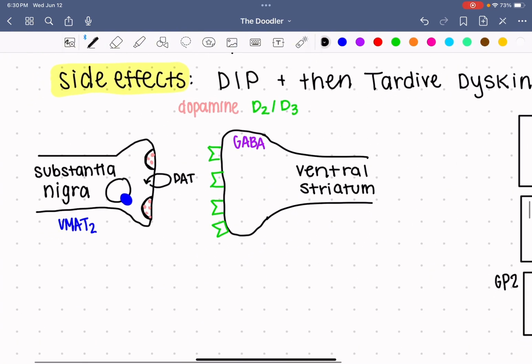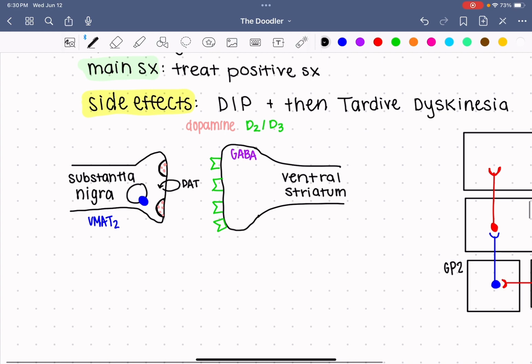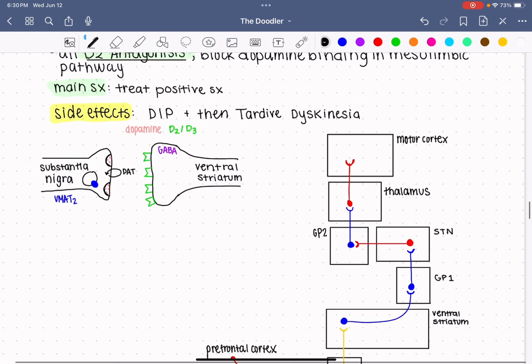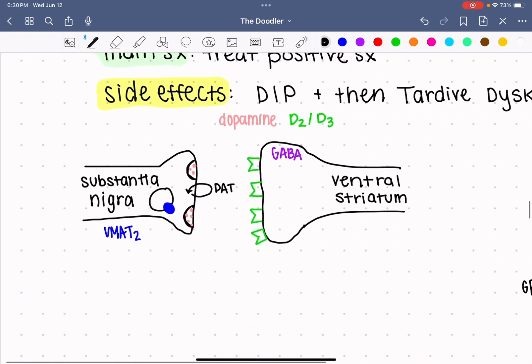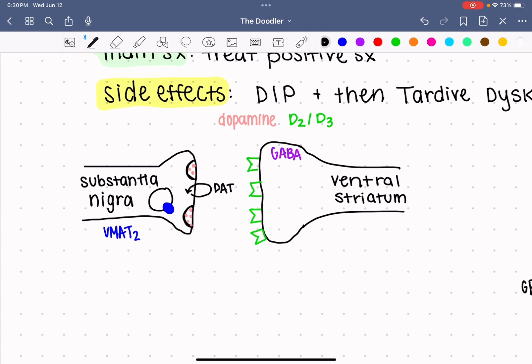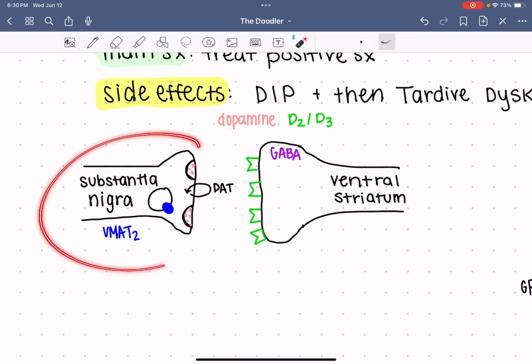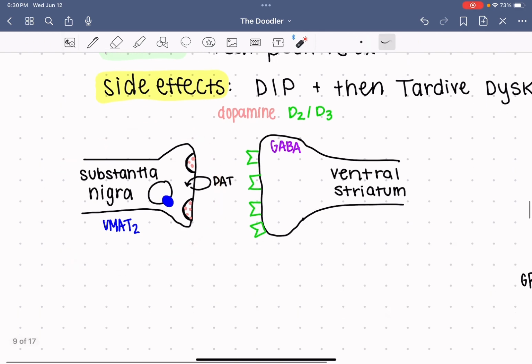So here we see in this tardive dyskinesia, the DIP has to do with the nigrostriatal pathway. So in the nigrostriatal pathway, you have the substantia nigra, and this is the first component. And in the substantia nigra, there's vesicles with these enzymes on them called VMAT2, which are vesicular monoamine transporters, and these pump dopamine back up into the vesicle so that it can be released into the synaptic cleft and then do downstream signaling.